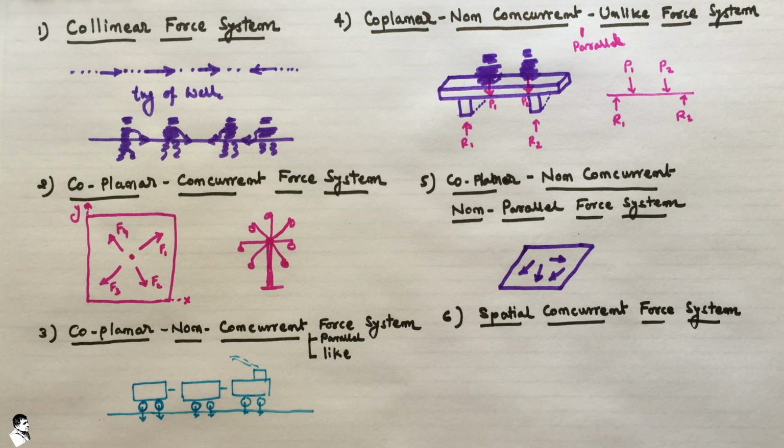So in this system the forces act in a space but meet at a point. Those types of system are known as a spatial concurrent system.